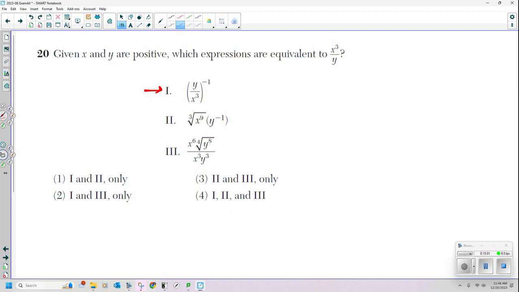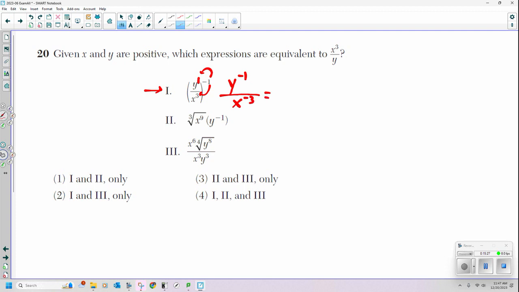If I have a -1, that means I'm flipping everything inside the fraction. All right? Okay, the exponent to my y is currently a 1. Exponents raised to exponents, I need to multiply. So if I multiply -1 times 1, I get -1. -1 times 3 is -3.